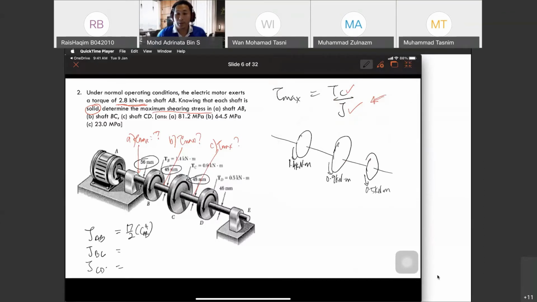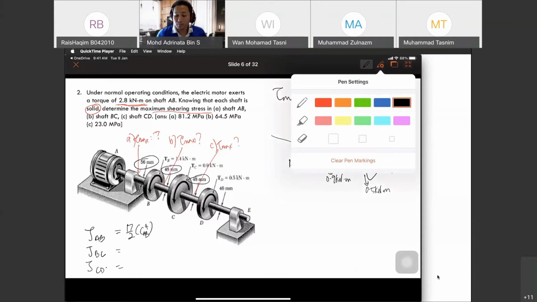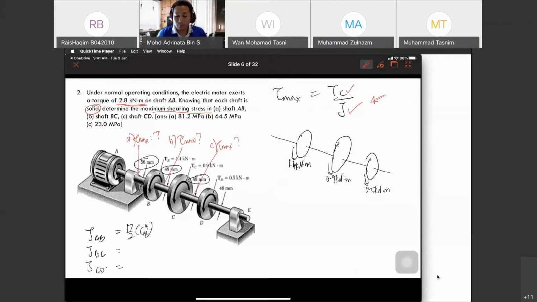Okay, apa nak buat? Cut. Cut itu section. So kita akan dapat untuk AB, BC, CD. Okay. So dekat AB ni, bila kita cut, okay, so kita akan dapat from turbine, and then ni T AB.